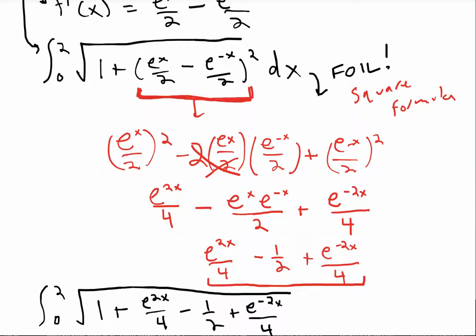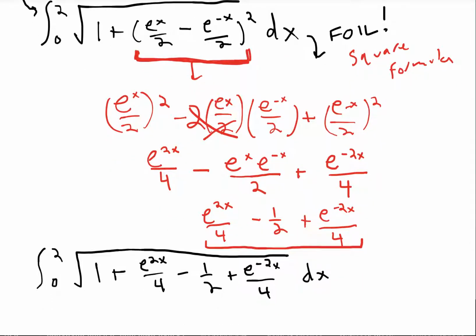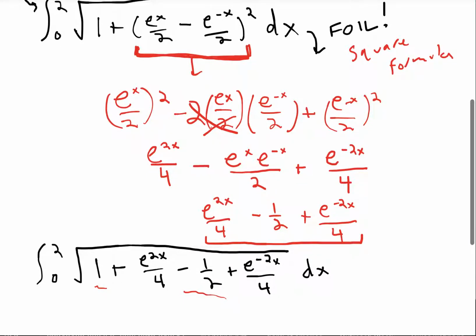Now, this is not the end of me simplifying, because I can make a note that these terms, my minus 1/2 and my 1, are both constant terms. I could actually combine those if I wanted to. So I'm going to do that, and I'm going to do a kind of strange thing with the position that I write these in.